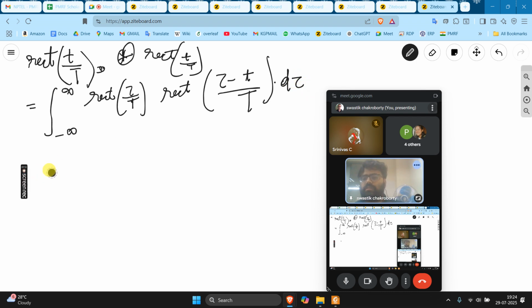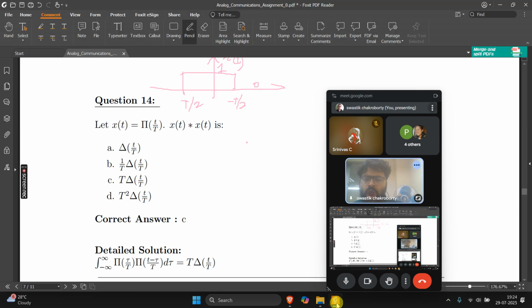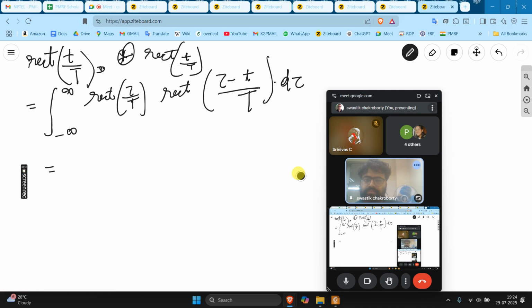Sorry, this will be t minus tau, so the second term is rectangular of t minus tau by T. Now tau, when does rectangular tau by T exist?